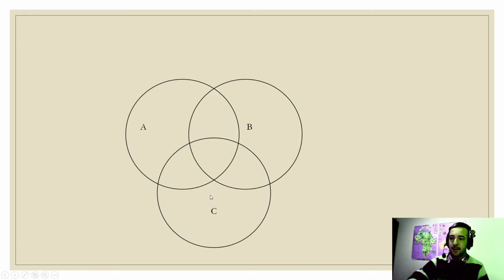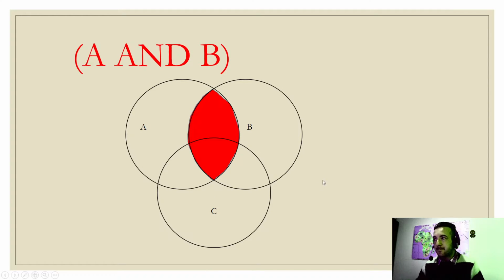So if I just say A and B, that will give me everything that's within A and everything that's within B. And that's going to be important.